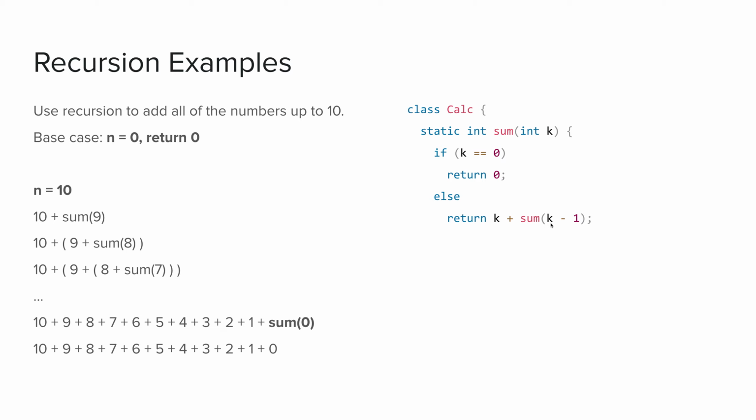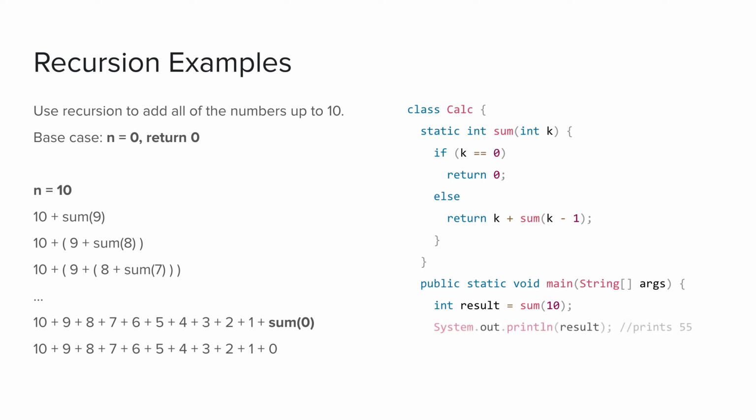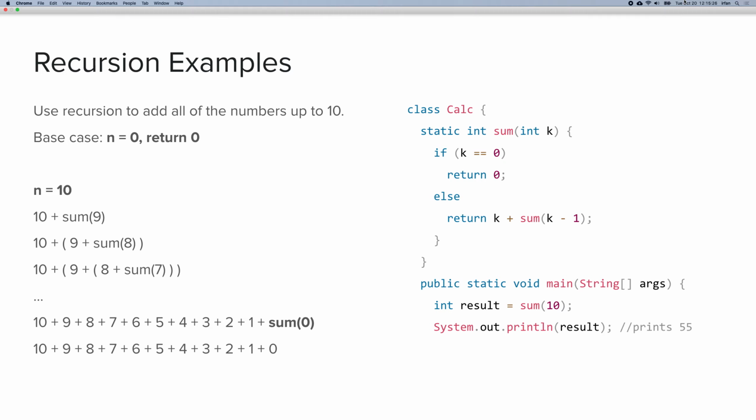This also assures that whatever the k value is, assuming it's a positive integer, it will eventually reach 0, as every positive integer will reach 0. So if we call the sum method with 10, it should print 55. Okay, so that's all. Let's see more examples in the editor.